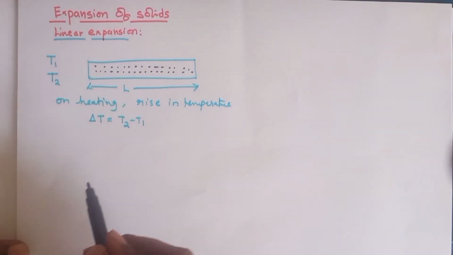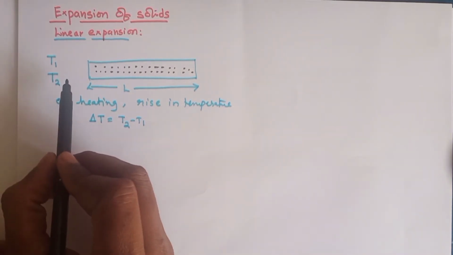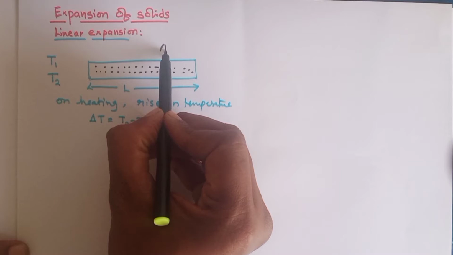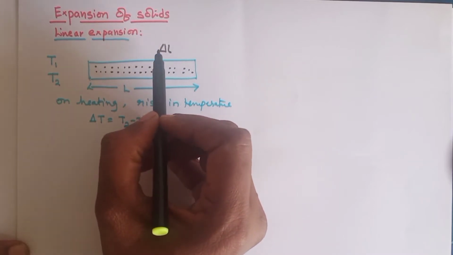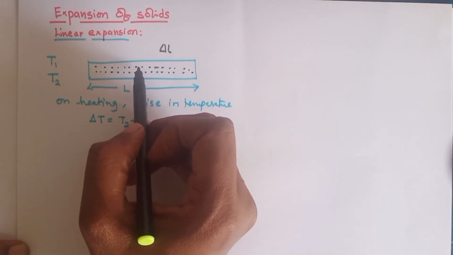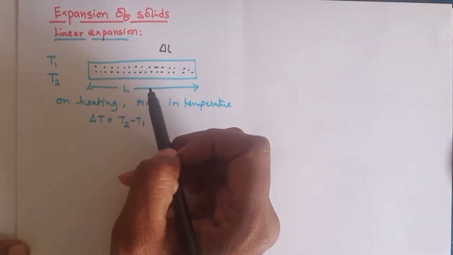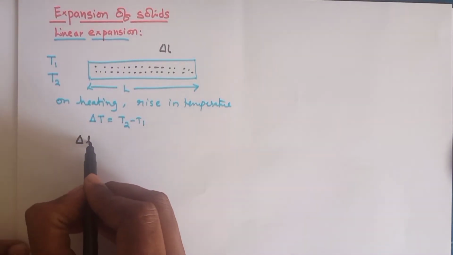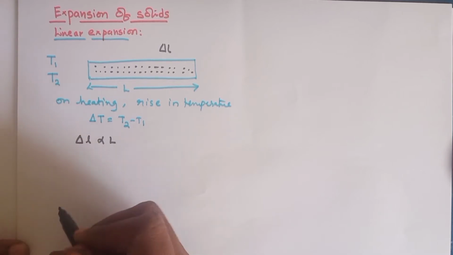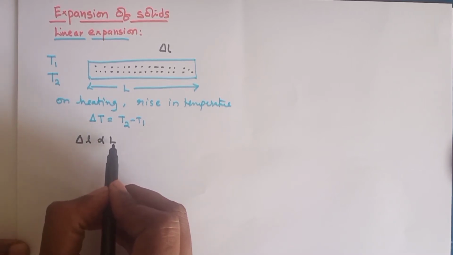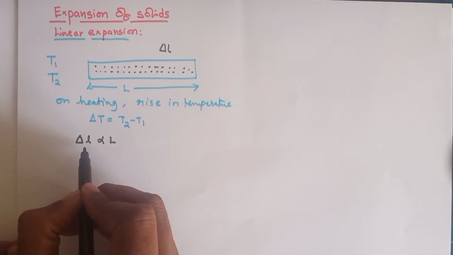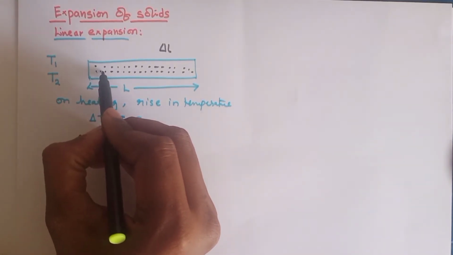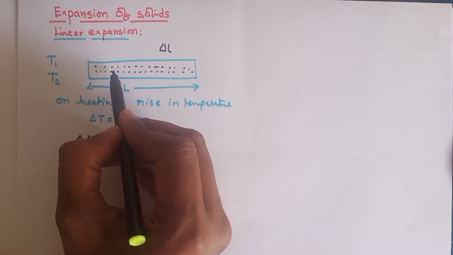So obviously, solids expand on heating. So a change in length is observed, of course a positive change in length. It is not contracted, it is expanded. Delta L is positive. The change in length is proportional to the original length L. If the original length is L, the change in length is also more, because of the contribution of each individual element in the solid.